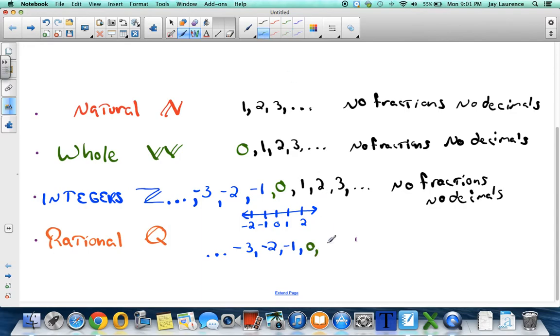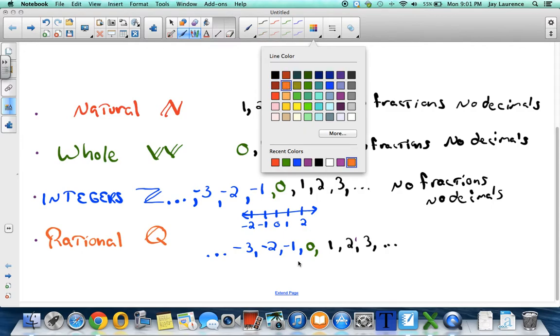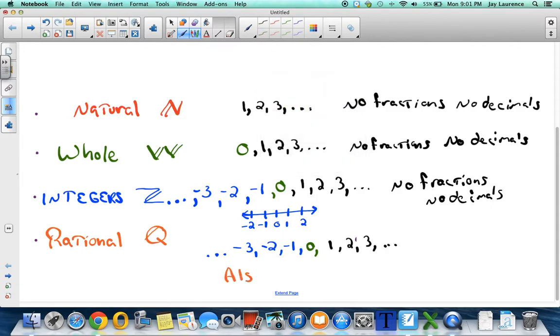And then 1, 2, 3. But they also include all fractions of integers.